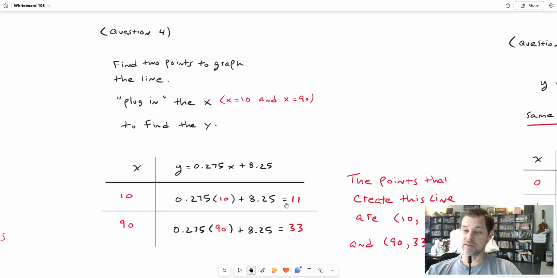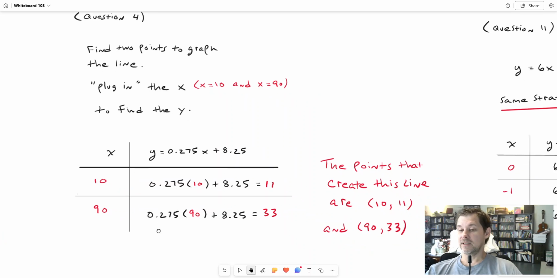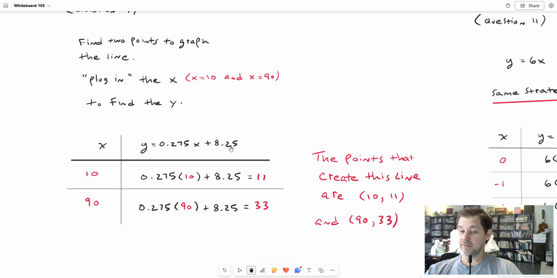As the problem said, I used 10 for x and 90 for x. For example, if x is 10, I do 0.275 times 10, plus 8.25. I use my calculator. That turns out to be 11. What that means is this equation contains a point where x is 10 and y is 11.